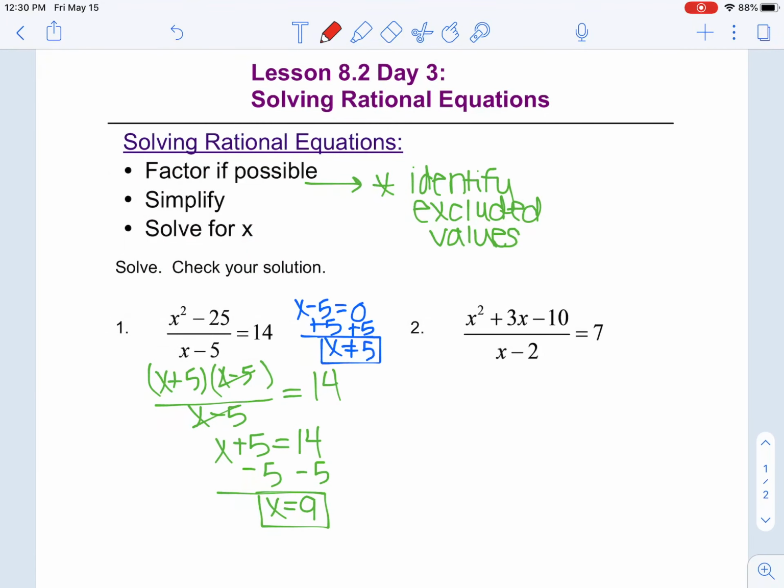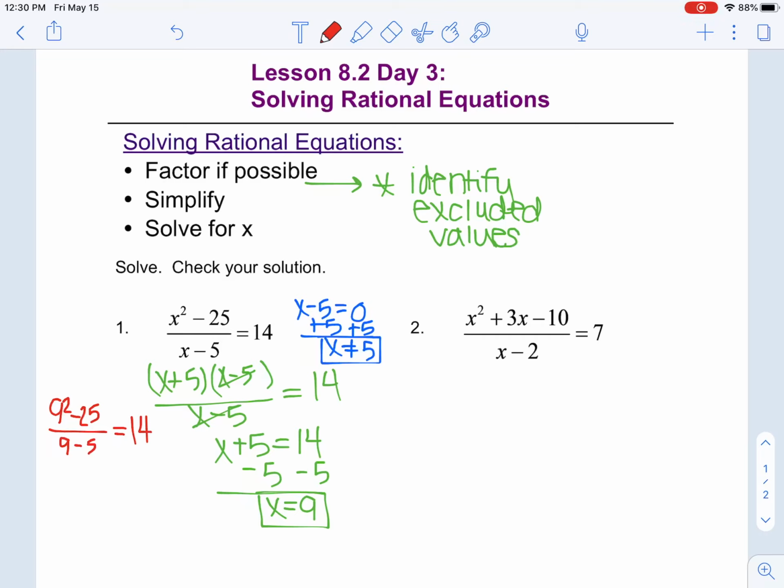Now we want to make sure we check our solution. So off to the side, I'm just going to plug in 9 for x into my original equation. So that would be 9 squared minus 25 over 9 minus 5, and that equals 14.